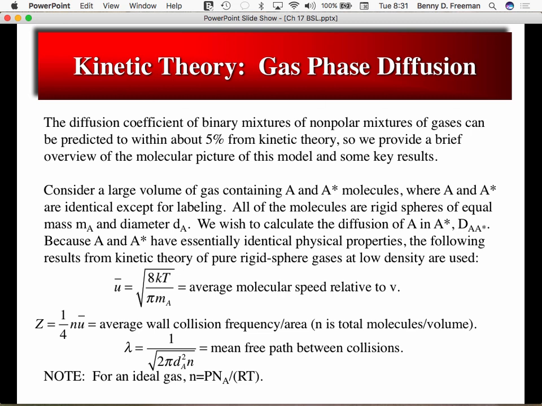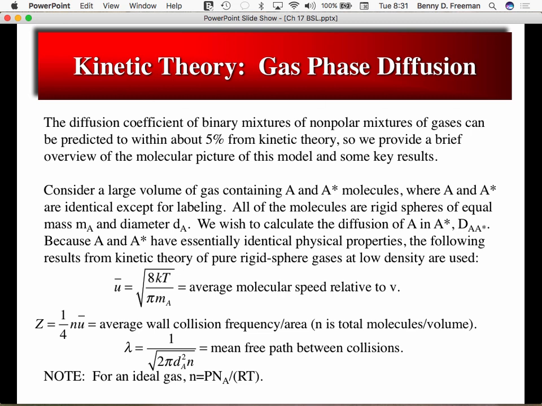I won't belabor the derivation of these, but the mean velocity of a molecule or particle depends on the temperature and the molecular weight of the species, as shown here. The average wall collision frequency per unit area is given from kinetic theory by 1/4 N times the mean speed, where N is the molar concentration of gas molecules.